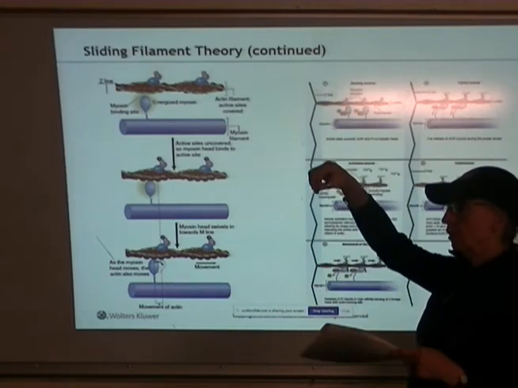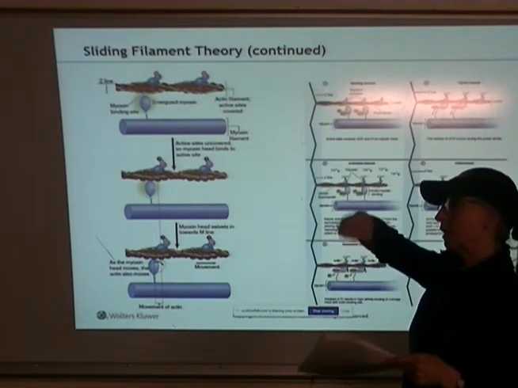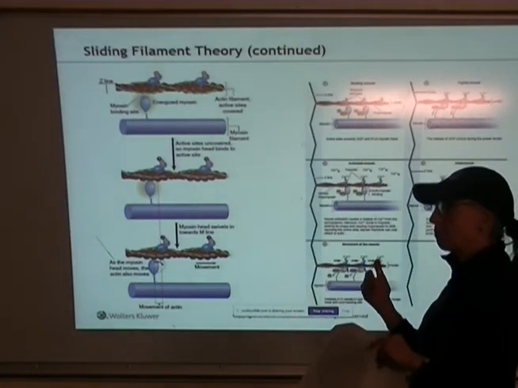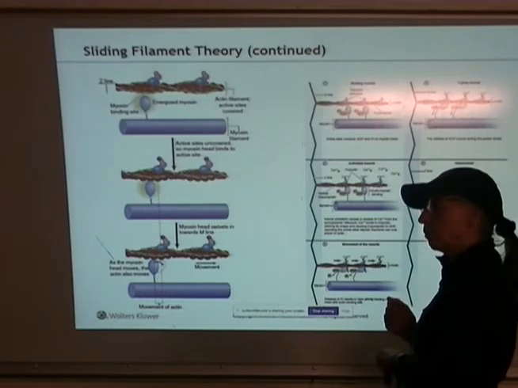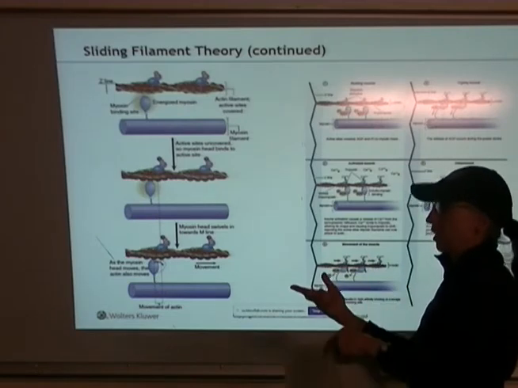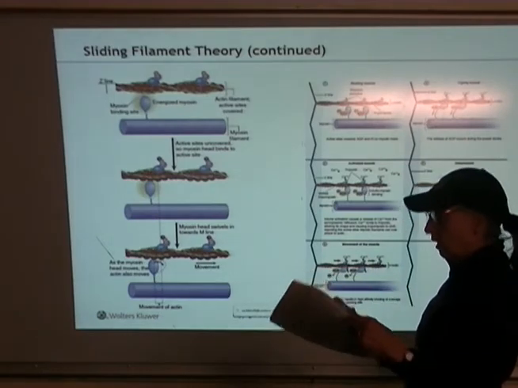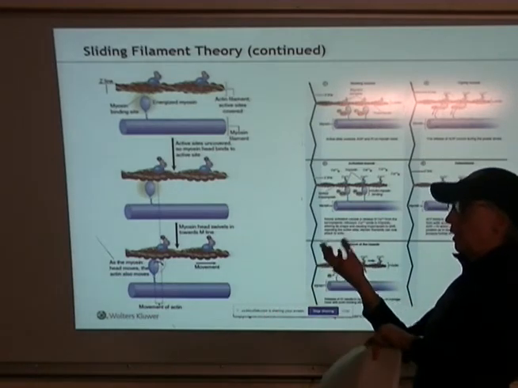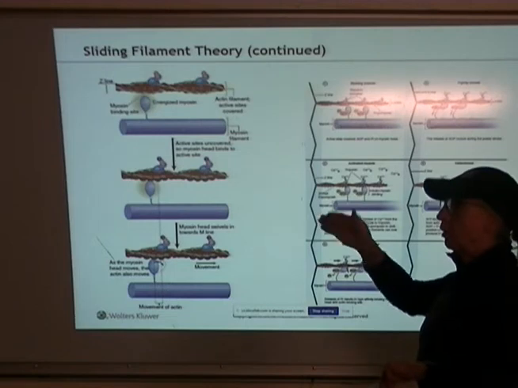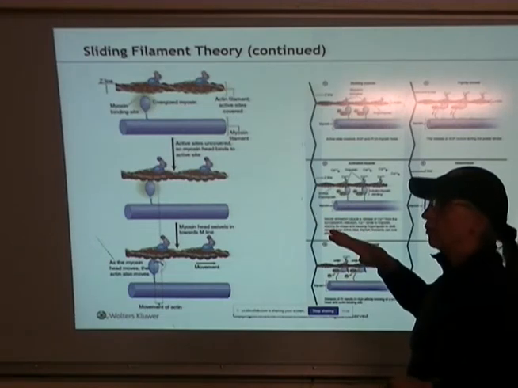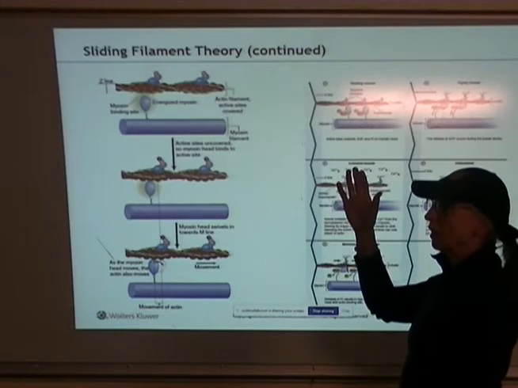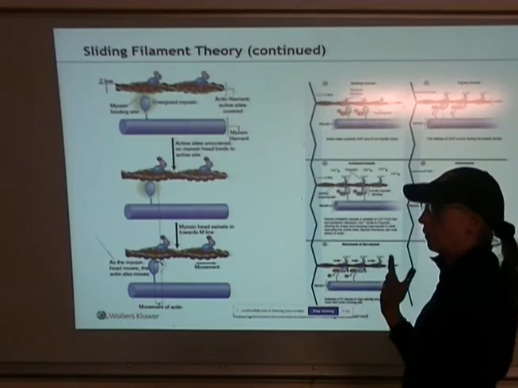When the signal stops and the action potential stops, then calcium is pumped back into the sarcoplasmic reticulum for the next signal, all right? Once the calcium moves off the troponin, then we see a change in the molecule and the tropomyosin covers the active site and the myosin head can't attach, all right?